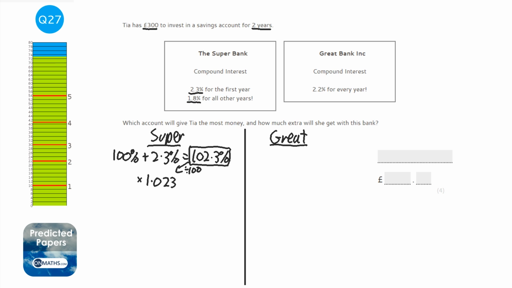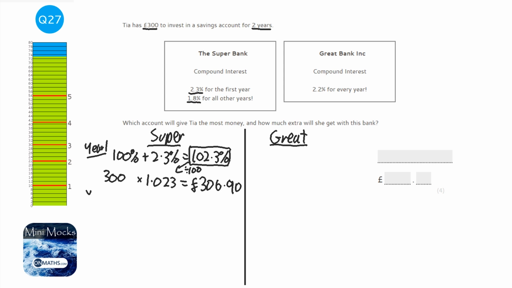So if I times 300 by that, that will tell me what we have after year 1. So let's calculate 300 times 1.023. And you might need to press S to D. And that is £306.90. Okay, so that's year 1, and we might as well just write year 1 somewhere.